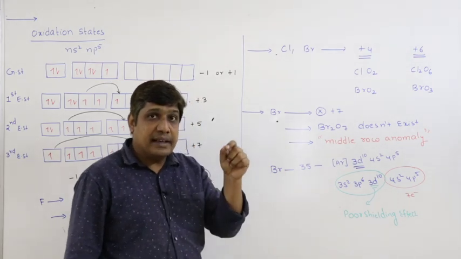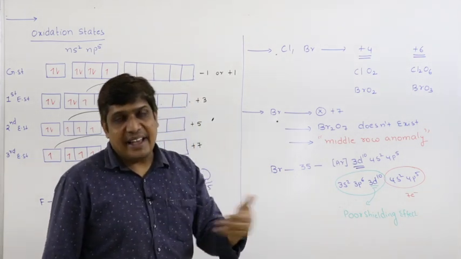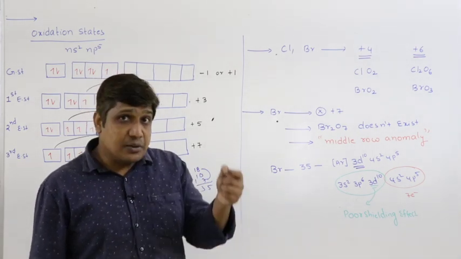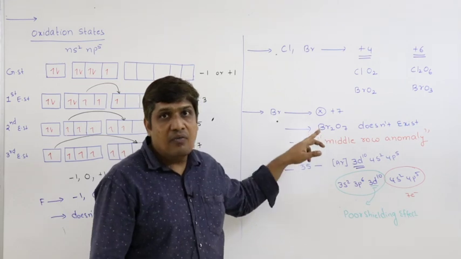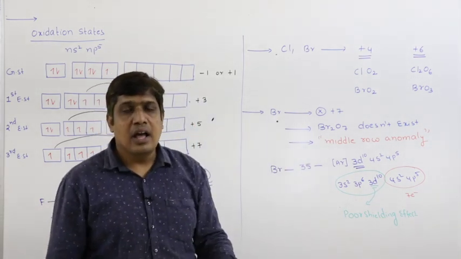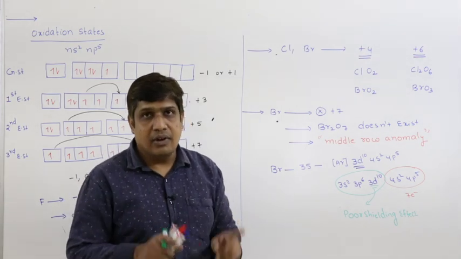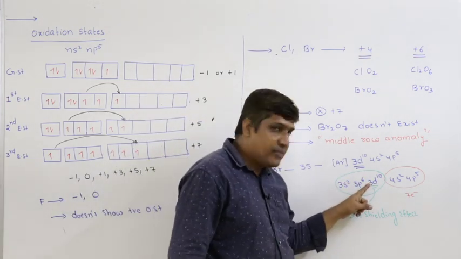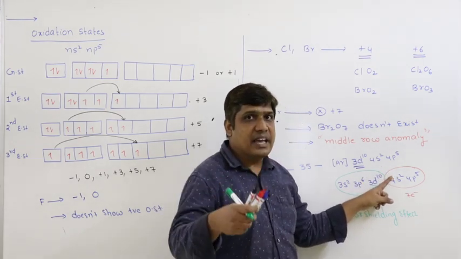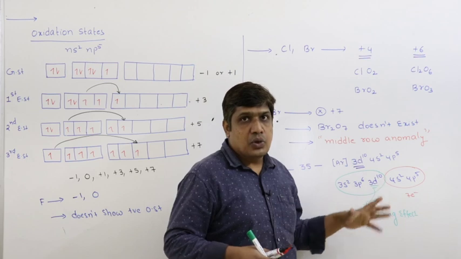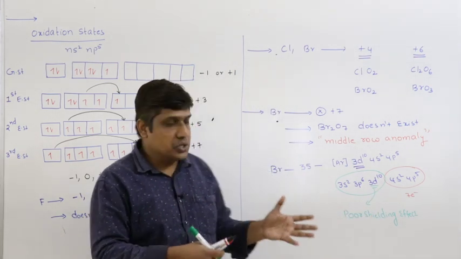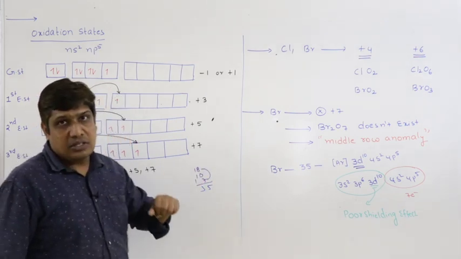The energy required can be supplied externally, but that must be compensated, that must be released during the bond formation. Then only the compound formed will be stable, otherwise the compound is unstable. Once again, due to poor shielding effect, the net effective charge on 4s electrons is much higher than expected. So you have to provide more energy to excite 4s electrons so that it shows +7 oxidation state.